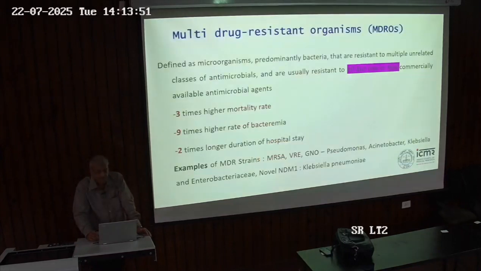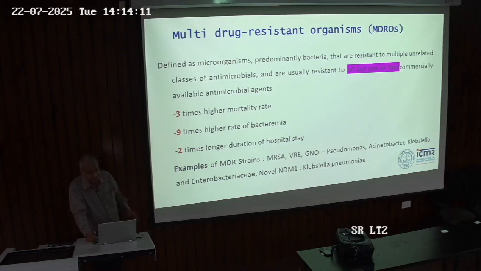So how do we define multi-drug resistant organisms? They are resistant to multiple unrelated classes of antimicrobials and usually resistant to all but one or two commercially available antimicrobial agents. What does it induce?